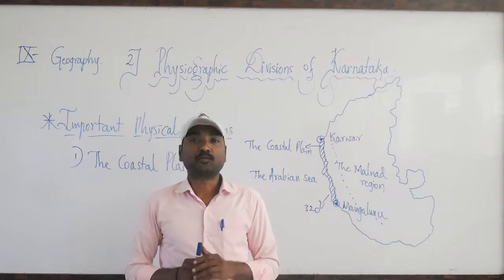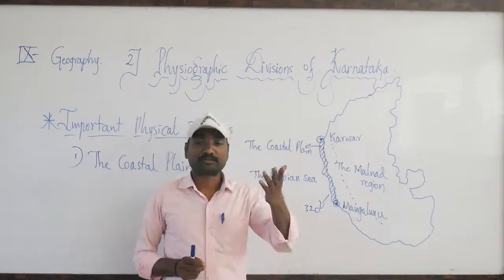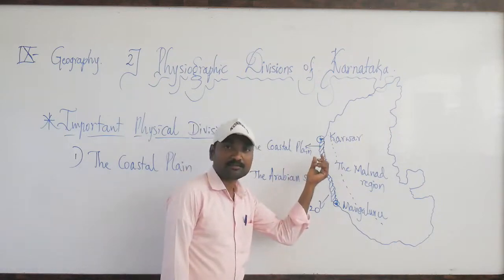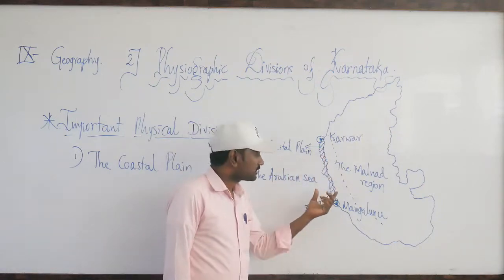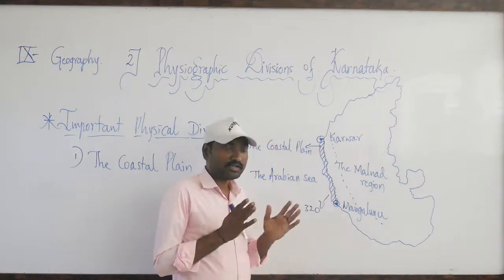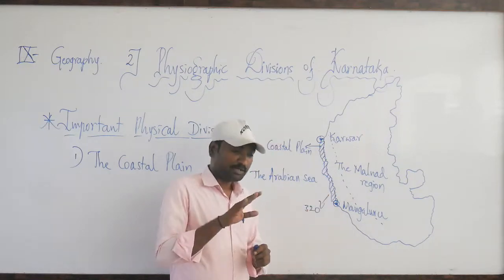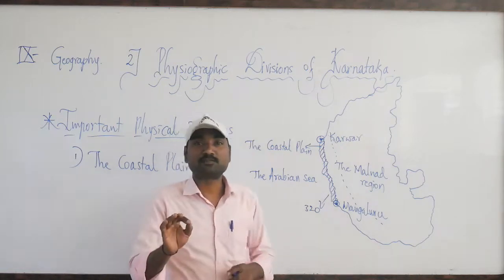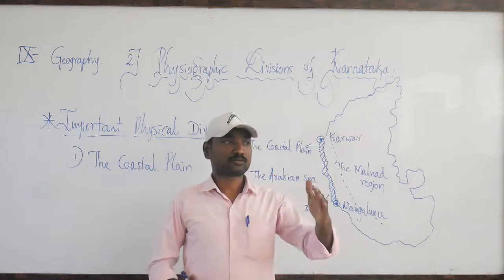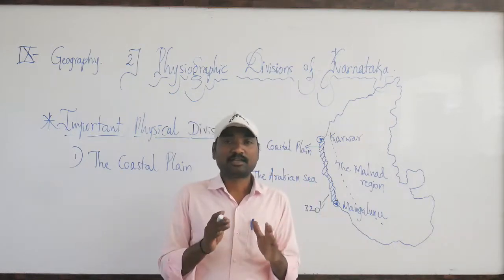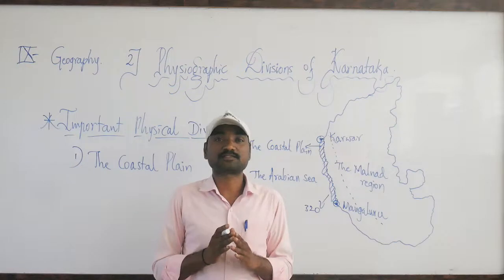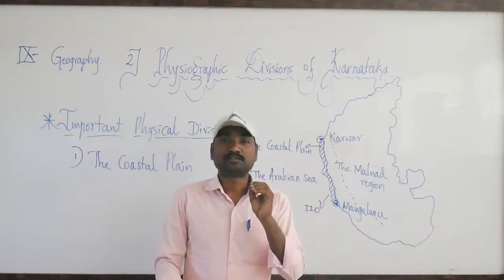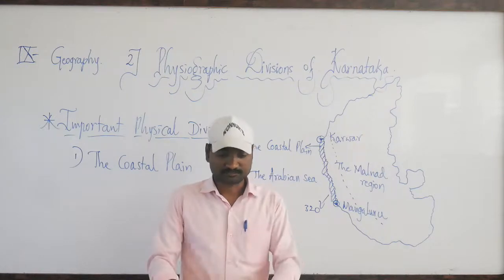Its width varies from one place to another. In some areas it is very narrow, about 12 kilometers, and in some other areas it is wide; the minimum is 12 kilometers and the maximum is 64 kilometers.